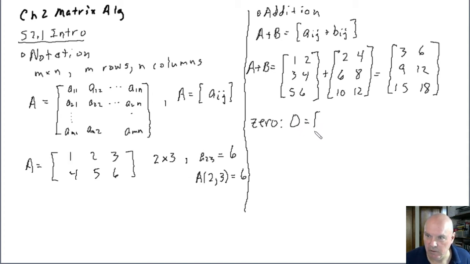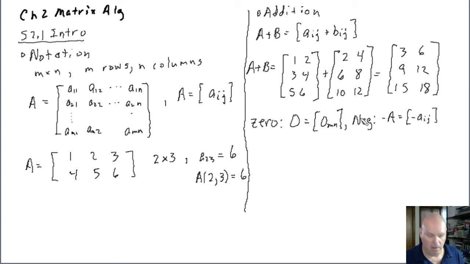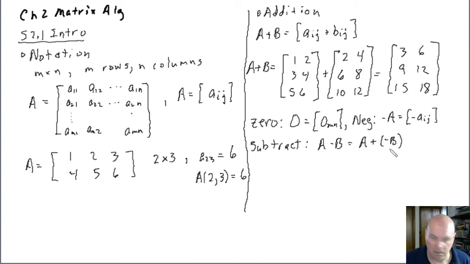That's the matrix whose elements are all zero, sometimes denoted like this. And then also we can define the negative of a matrix, negative A. We get the negative of a matrix by taking the negative of every element. With the idea of a negative, we can define subtraction in terms of addition: A minus B is equal to A plus the negative of B.